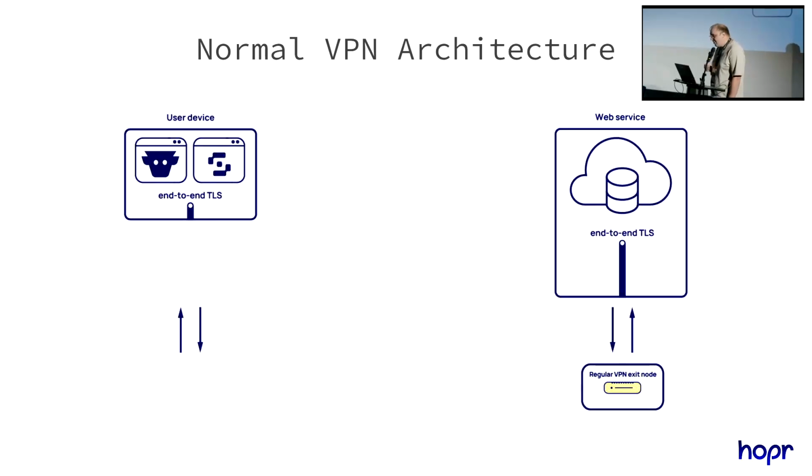And because this is flawed, we want to build something which improves the state of the art using the HOPR network. But there are also other approaches in the market right now which try to improve that state of the art. So it's a really exciting time for VPN providers. People are trying to build a better internet, and hopefully, if we look ahead a couple of years, for the general internet user.